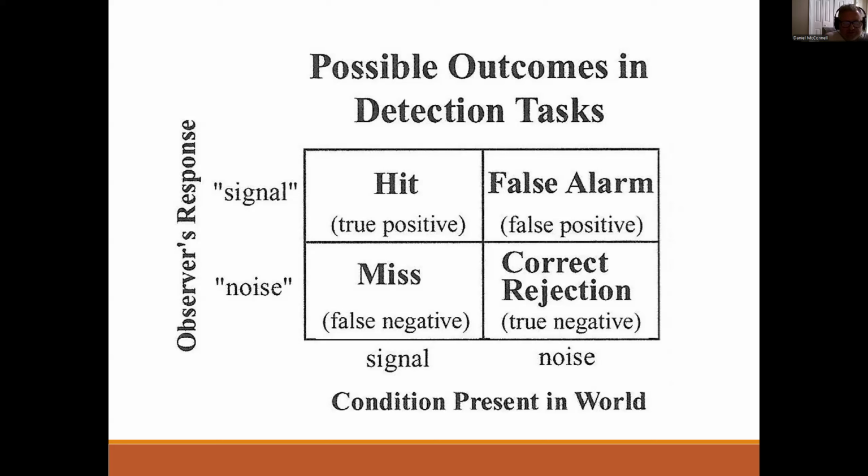So you would expect them to have a bias to saying yes more often, right? Because they're really worried that if they miss the signal, their patient might die, right? So we're going to try to minimize any misses, right? A miss is a catastrophic error.